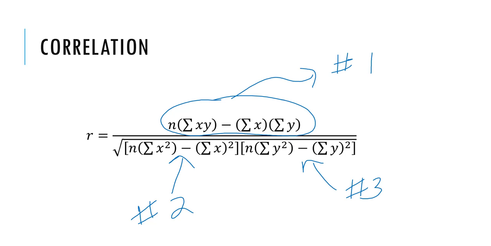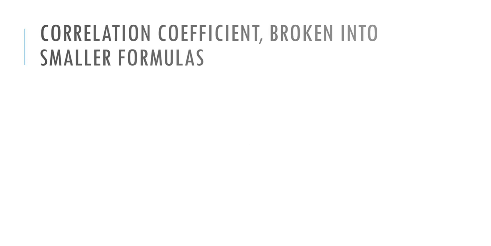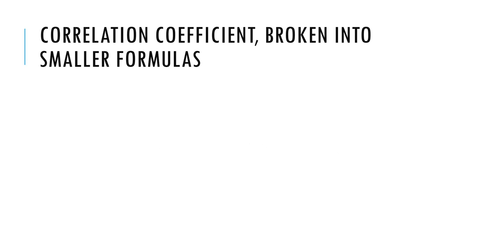So our next step is to substitute into smaller formulas, starting with section number 1. And we're going to substitute with some values. If you remember pretty well, n is just the sample size.